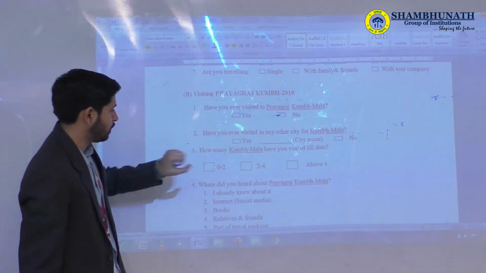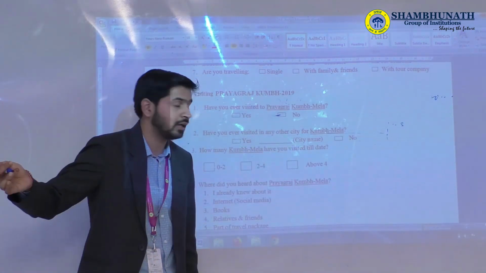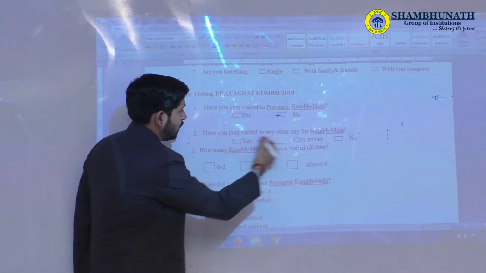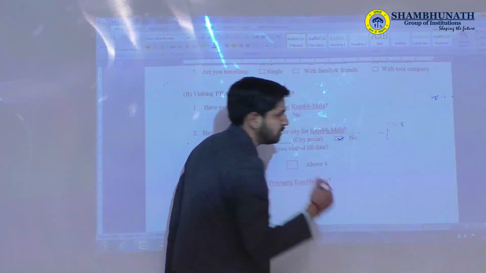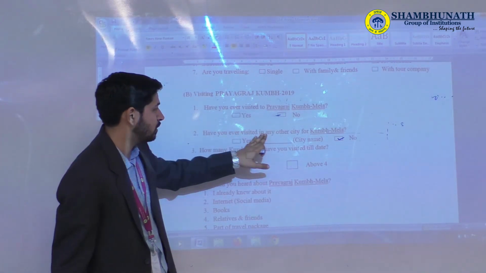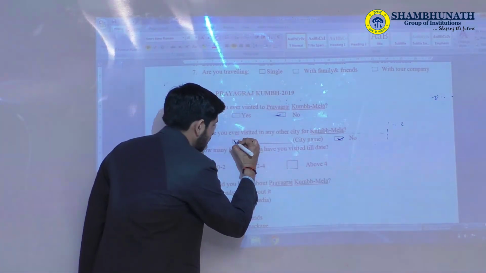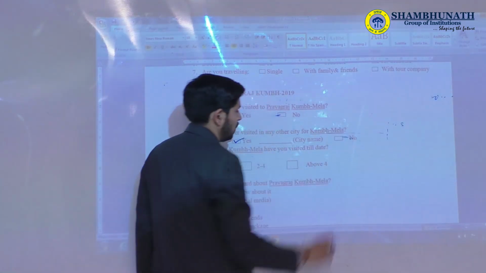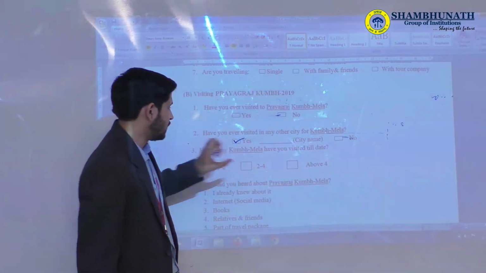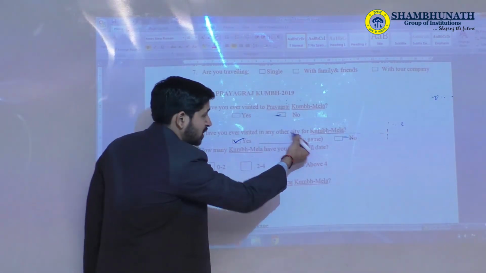Second question. Have you ever visited any other city for the Kumbh Mela? If someone says no, they can move to the third question. But if a pilgrim says yes, then the researcher asks which city.